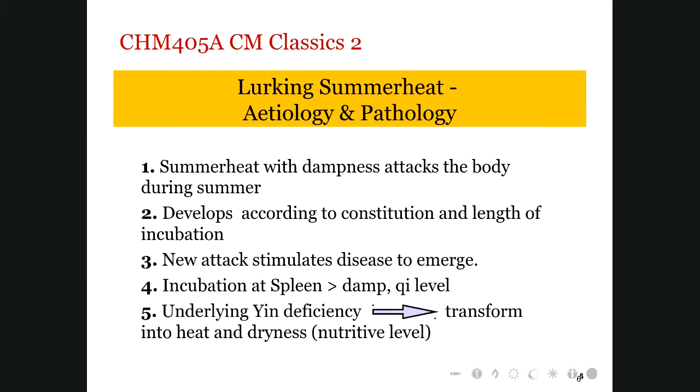So if you catch a virus with a long incubation period, like Epstein-Barr virus, and it expresses as a Wenbing pattern, it would be either lurking summer heat or spring warmth. If it comes in autumn or winter, there are very high temperatures and a lot of internal heat. If not, it's not called Wenbing at all. They have to have a high fever.